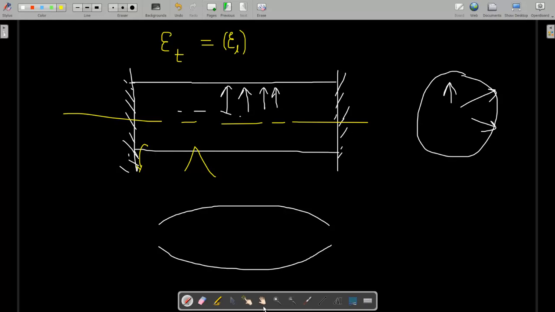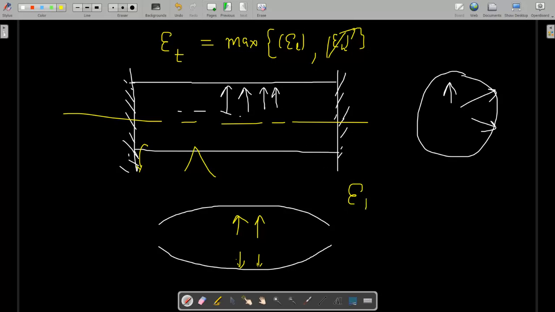Or more precisely, we can write that the thermal strain is equal to the maximum of the longitudinal strain or hoop strain. Okay, but the hoop strain will try to bulge out, which means there is buckling, but here it is said that buckling is prevented, so this hoop strain will be cancelled out, and only one will remain. So thermal strain is equal to longitudinal strain.